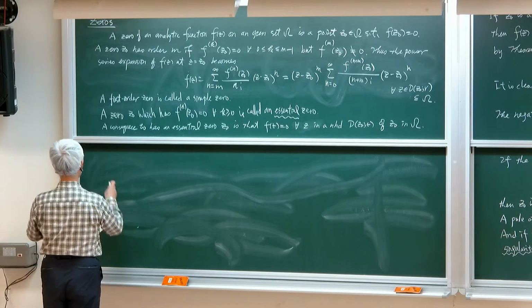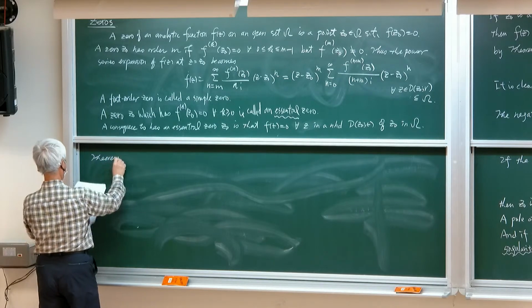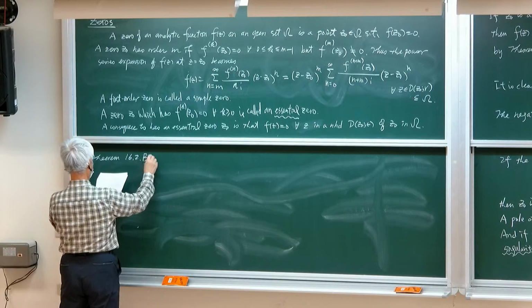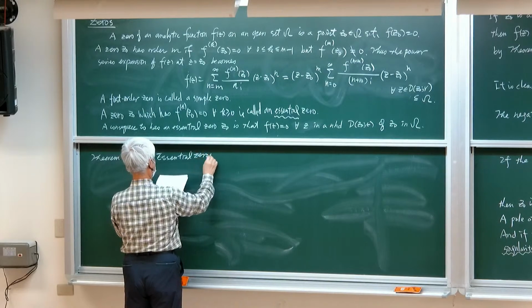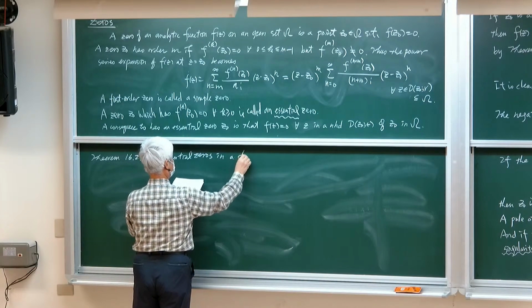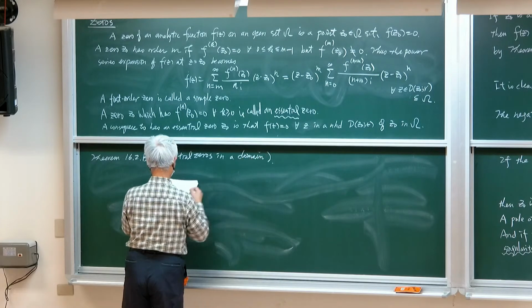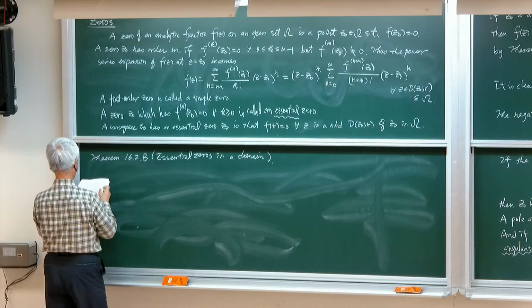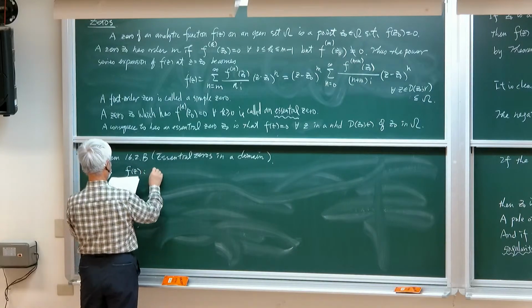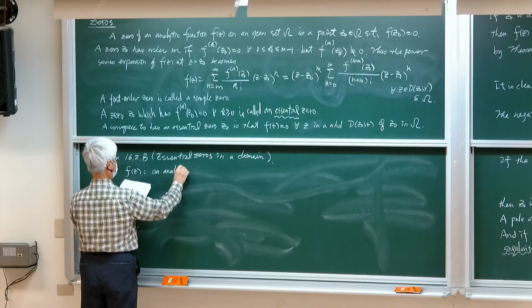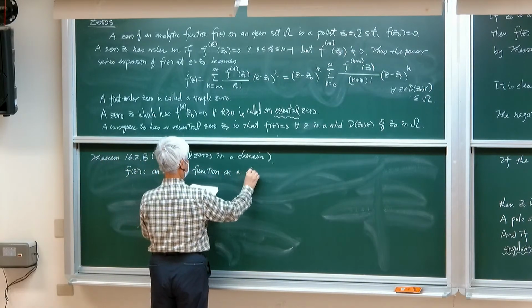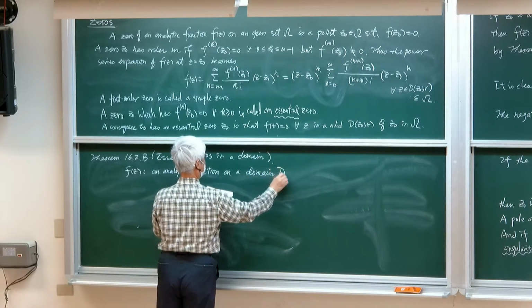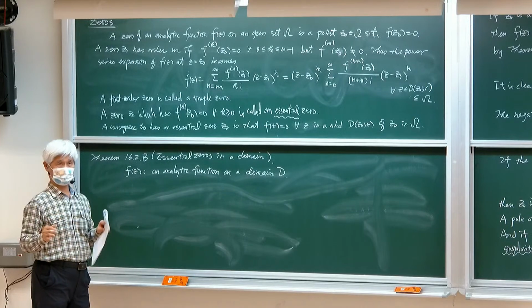Now we can characterize essential zero in a domain. Let f of z be an analytic function on a domain, and remember, a domain is an open connected set.